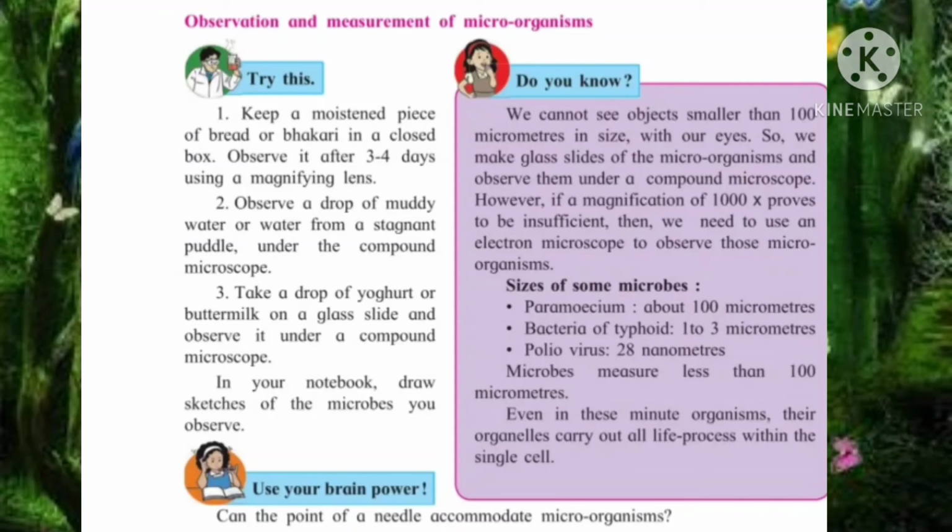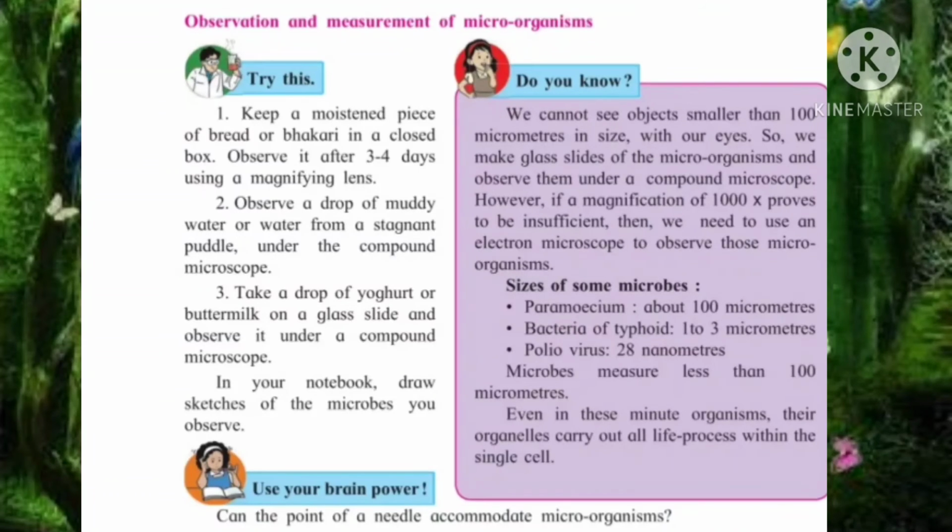See the next part, that is observation and measurement of microorganisms. For that you have to do an experiment. You have to take a moistened piece of bread or bhakri and keep it in a closed box or any closed container for how many days? For 3 to 4 days.